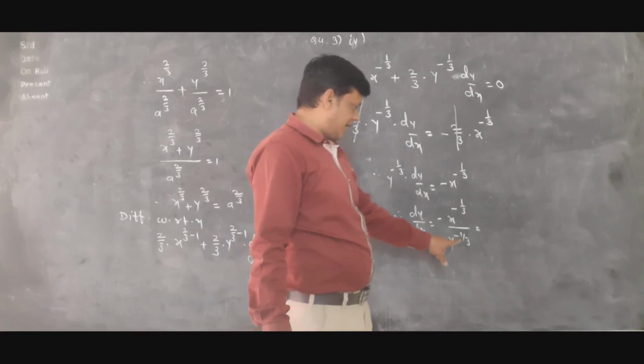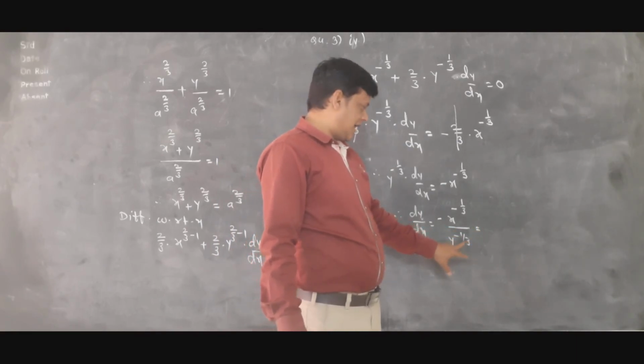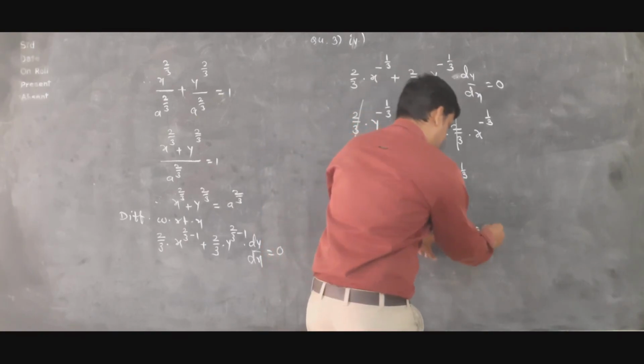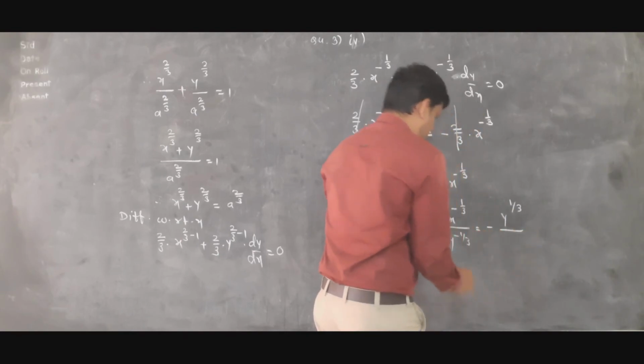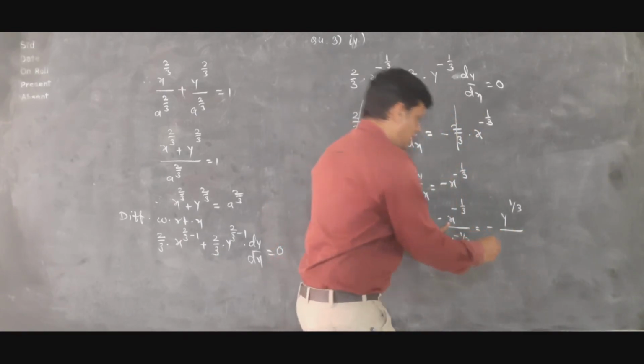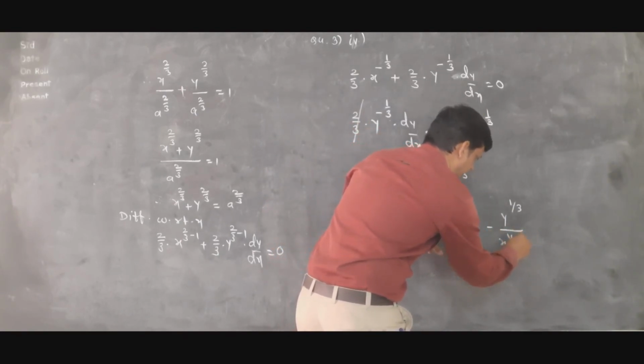So we write this minus power as plus when we write this y in the numerator. So this minus sign as it is, y raised to the power plus 1 by 3 upon, when we write this x in the denominator, x raised to the power plus 1 by 3.